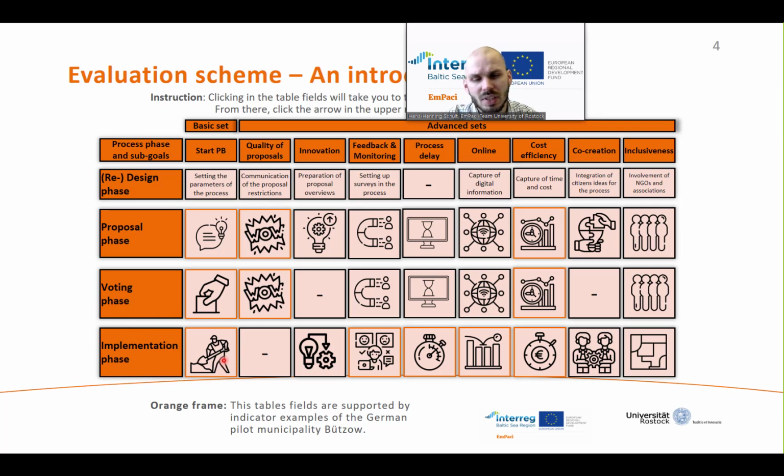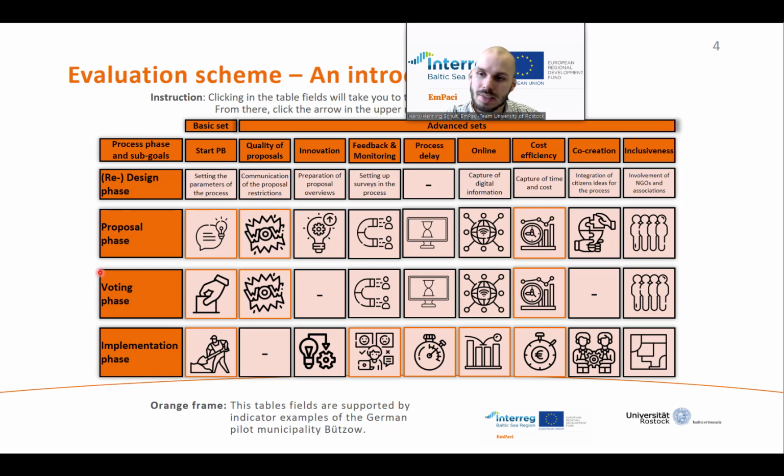And you see, based on the structure and the process design, maybe there are different indicators. And by presenting these indicators phase-wise, so to say, this scheme is adaptable to your PB process.